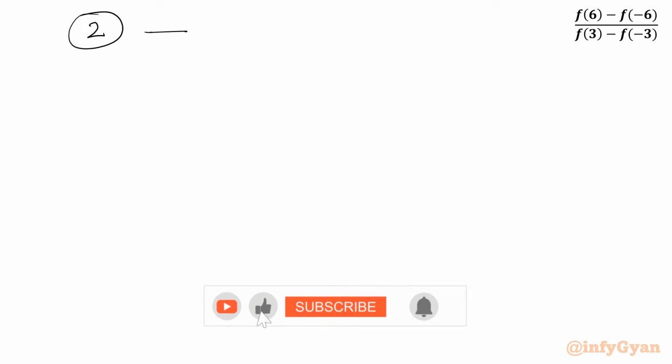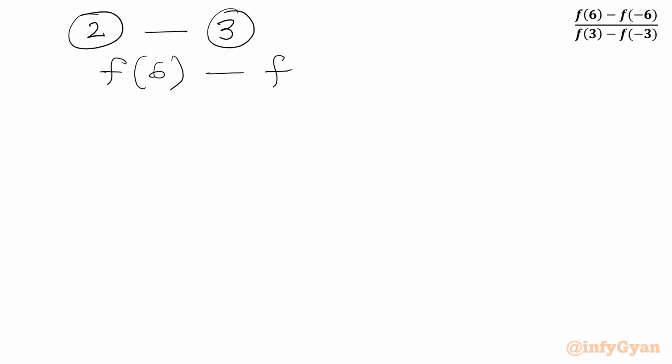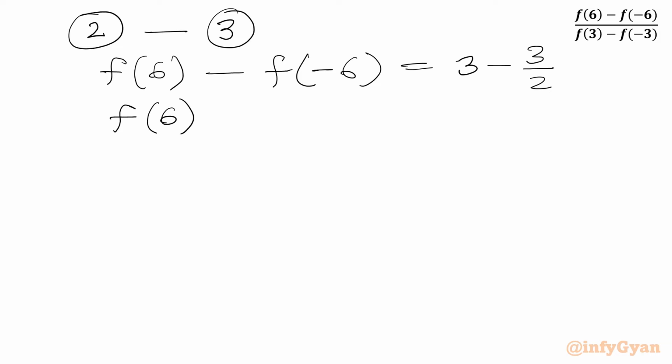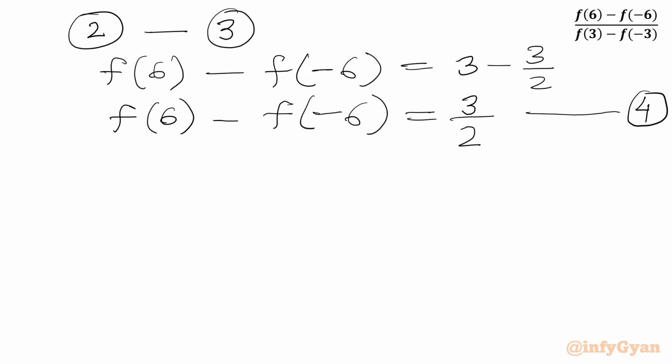We will get f(6) minus f(−6) equal to 3 minus 3/2. So f(6) minus f(−6) will be equal to 3/2. Let us say this is our equation number 4.